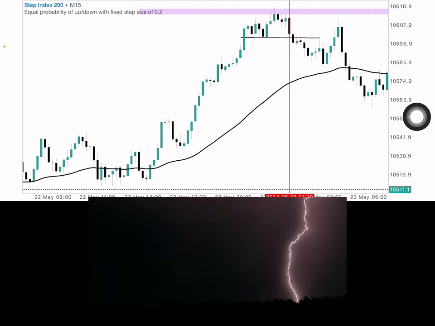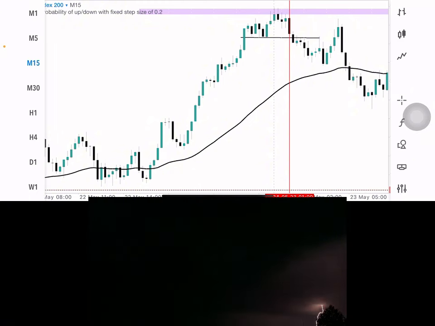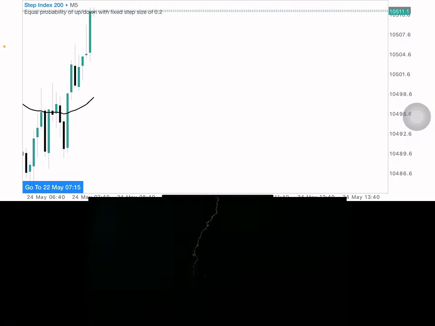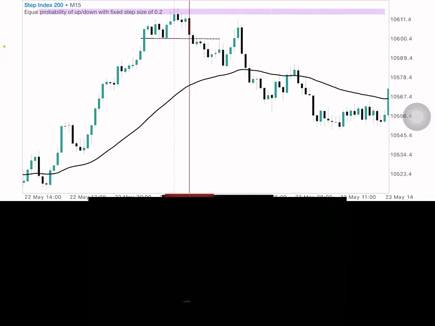So after taking note of this, you scale down to your M5. Remember, the time frame where you do this analysis is your M15. I always use M15.